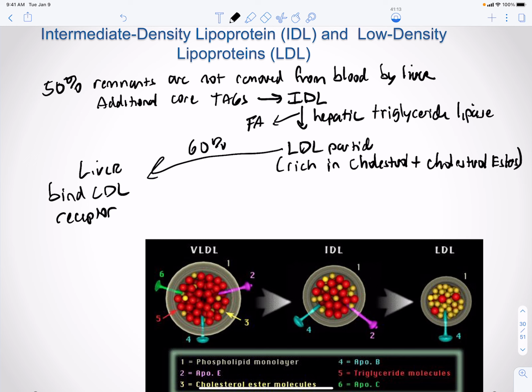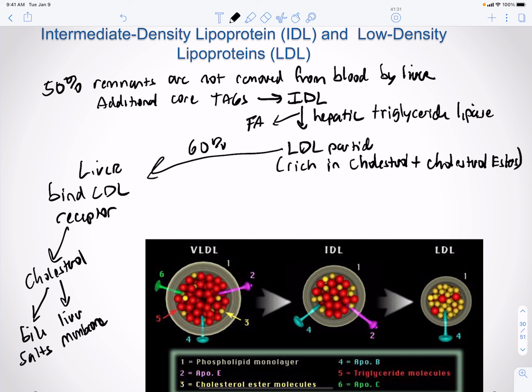Cholesterol inside of this is going to be converted to bile salts, or incorporated in the membrane of the liver, or be reesterified. And that is again by that ACAT protein, that transferase, and this can be stored or released, packaged in another very low density lipoprotein, for example.